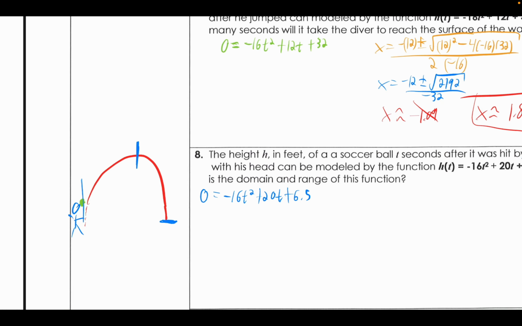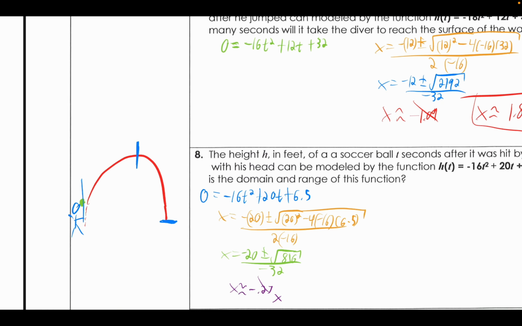And that would end up being, as we put it in the quadratic formula, negative of 20 plus or minus the square root of 20 squared minus 4 times negative 16 times 6.5, all over 2 times negative 16, which is negative 20 plus or minus the square root of 816 over negative 32. And this is approximately negative 0.27, which we can rule out because negative time does not exist, and 1.25 seconds.